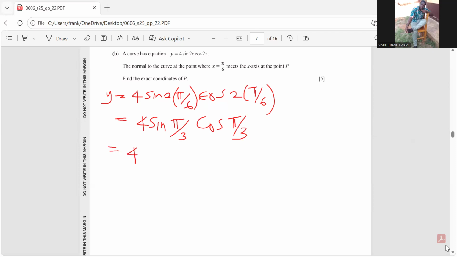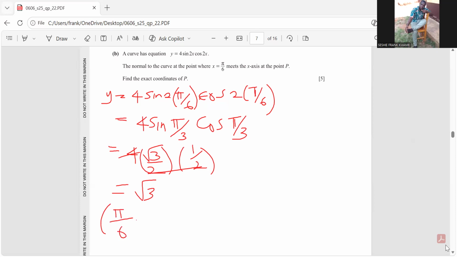What is sine pi on 3? We had root 3 out of 2. What's cos pi on 3? We had half. So this is 4, taking off this 4, our answer is root 3. So the point we are looking for is at x pi on 6 and the y is root 3.